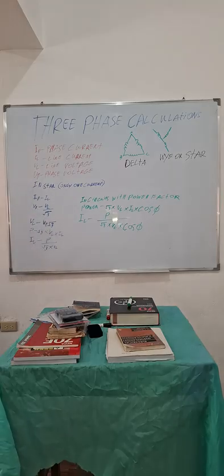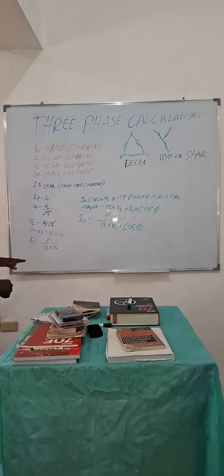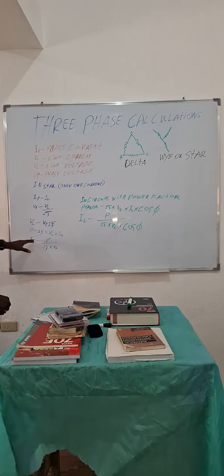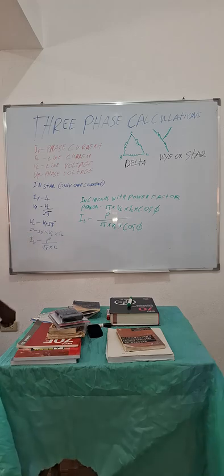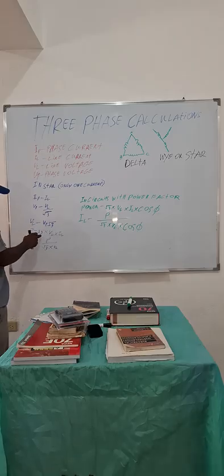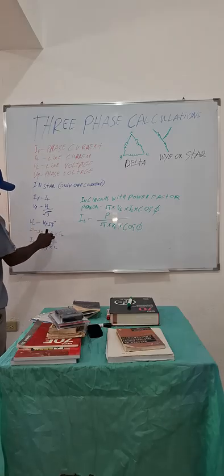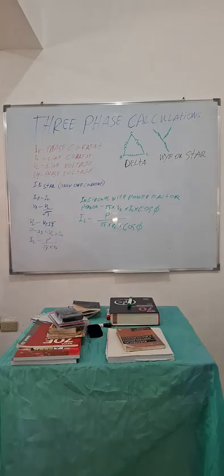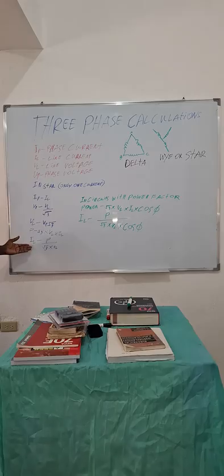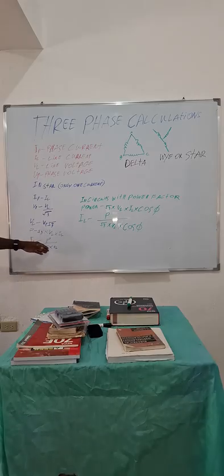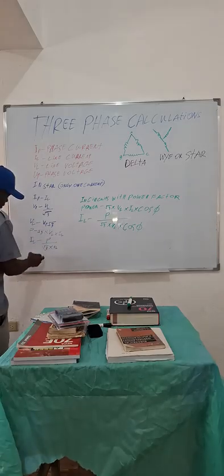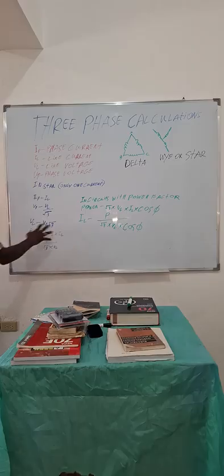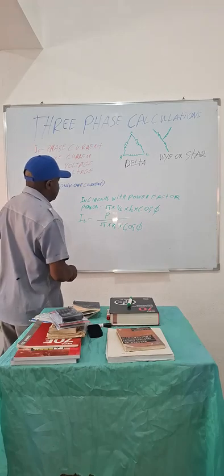Where power is concerned, it will be root 3 times line voltage times line current. Where the current is concerned, it would be the power over square root of 3, which is 1.732, times the line voltage.